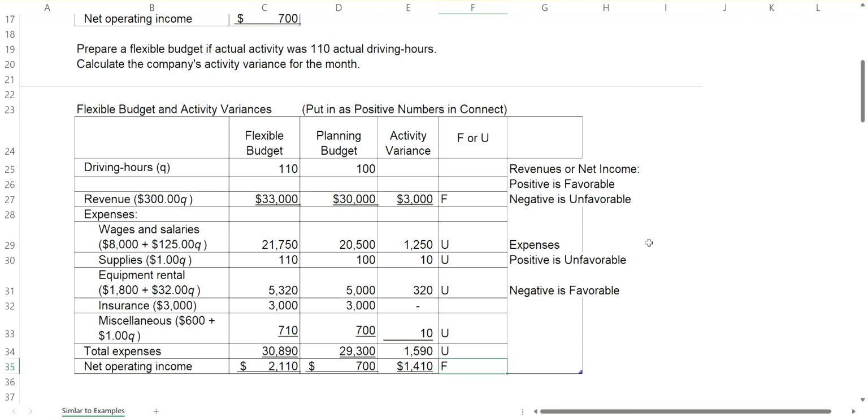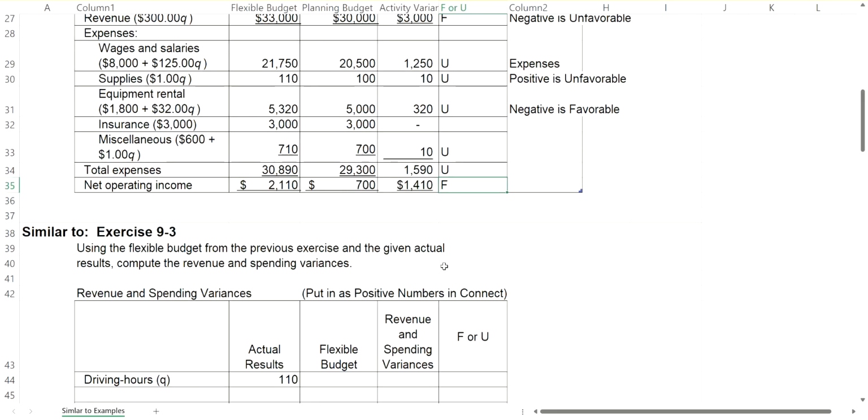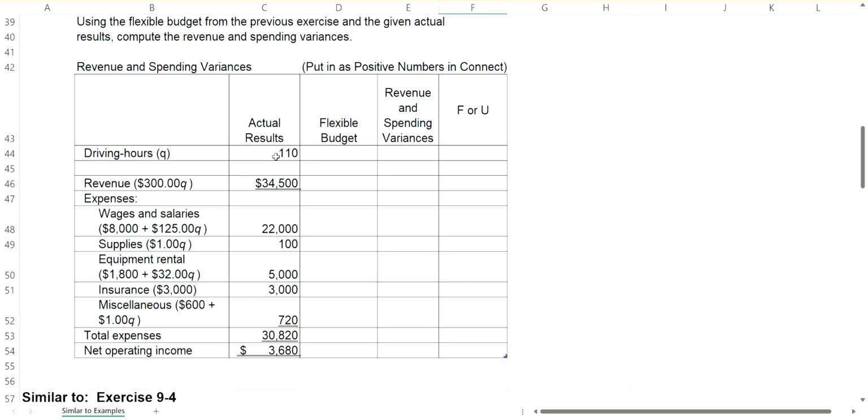Okay, now we're going to take this same information and take a look at the next exercise, doing a revenue and spending variance. Assume you were given the actual dollar amounts at the driving hours of 110. So these were your actual results. Those were given.